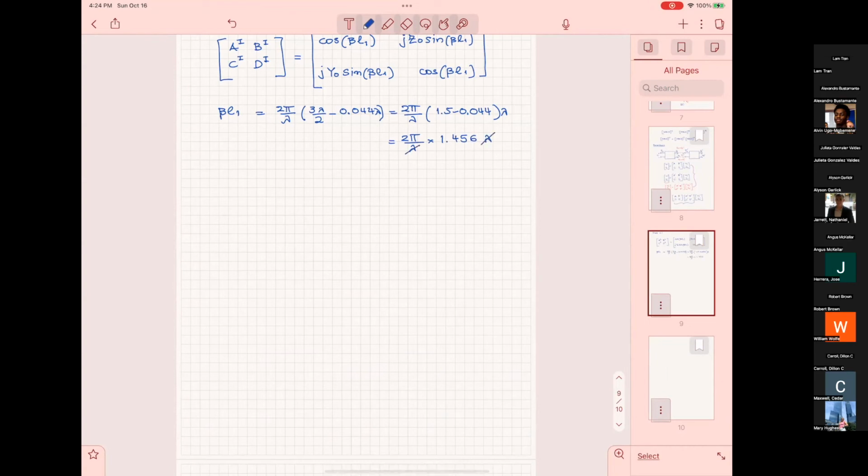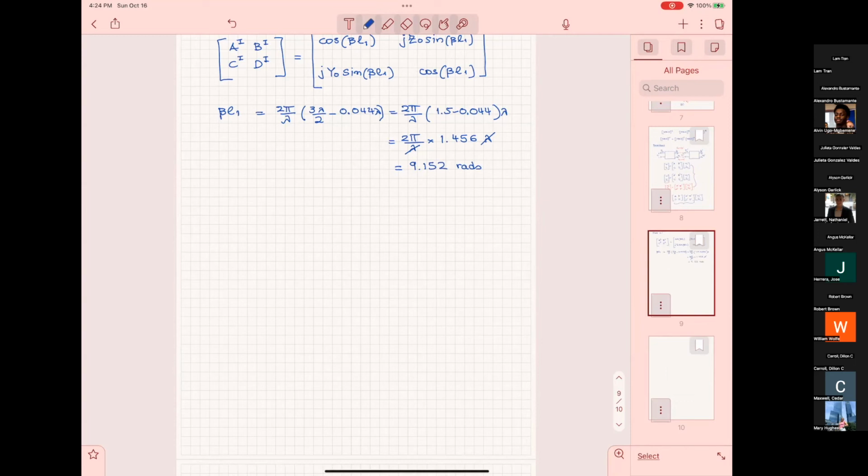The lambdas cancel, and that gives us 1.456 times 2 times pi, which in rads is 9.152 rads.